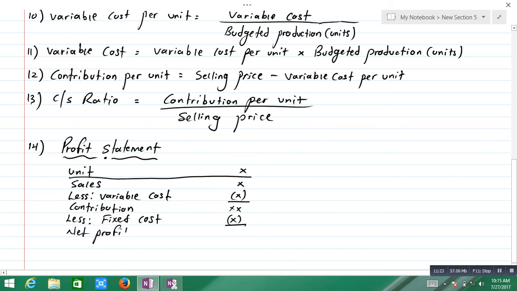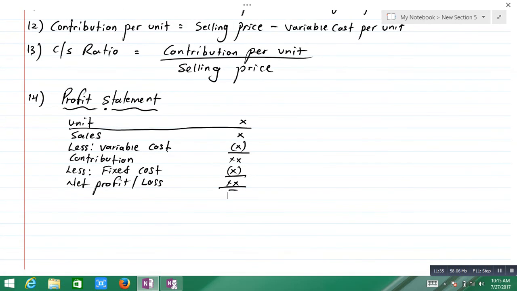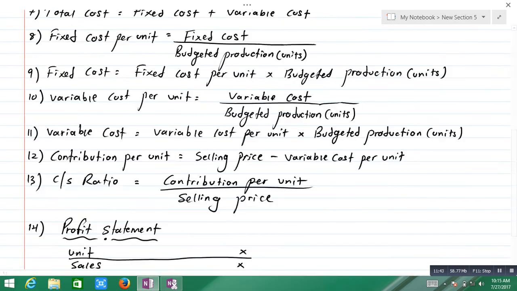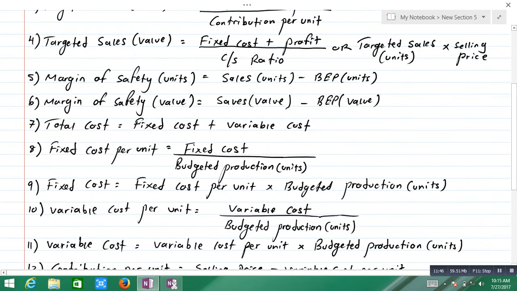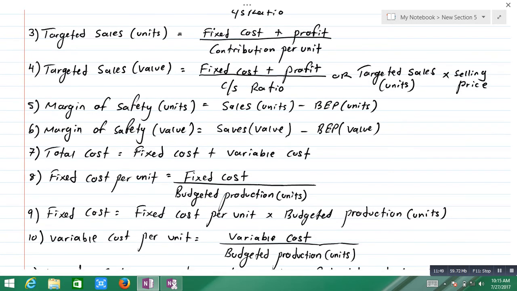You can also do it using the formula, using targeted sales units or targeted sales value. If you want to find the profit, you can reverse the formula, because the profit is there. So we have 13 formulas, with number 14 being the statement.